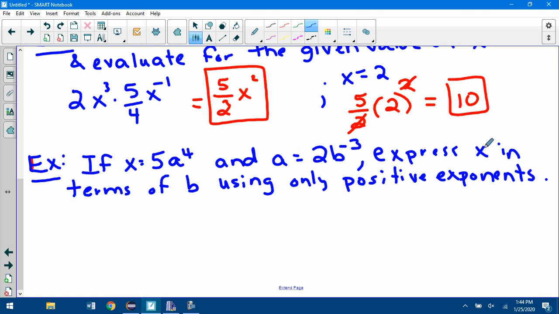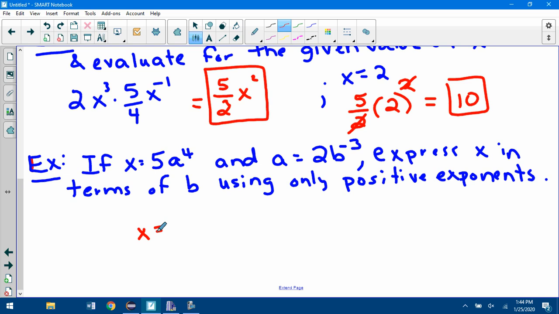When it says express x in terms of b, that means you should have x equals in the end, and your answer is going to have b's in it. It also wants only positive exponents, so we might have to deal with that.